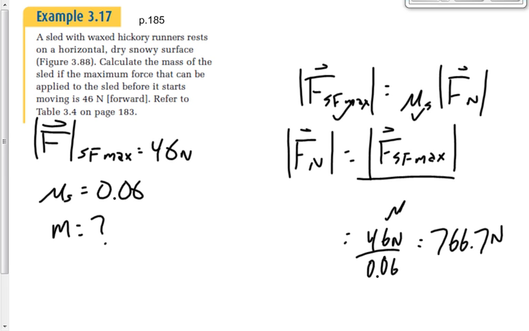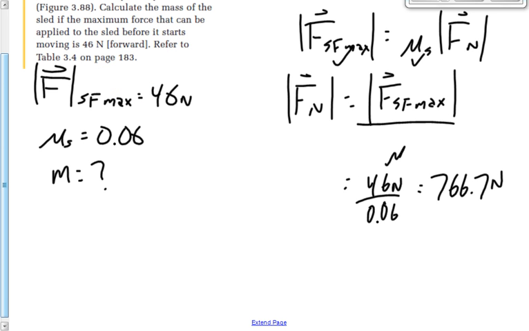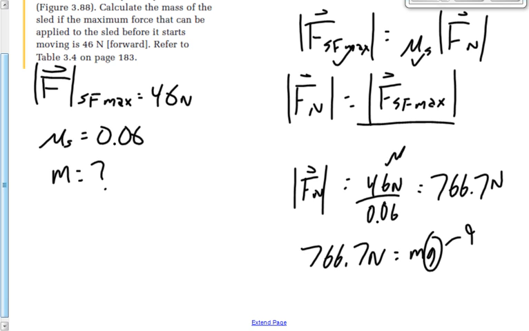That's my normal force. But we said, for us at least right now, the normal force will be the same as the force of gravity. So we can set that equal to m times g, where g is 9.81 meters per second squared. Solve for the mass here: 766.7 newtons divided by 9.81.